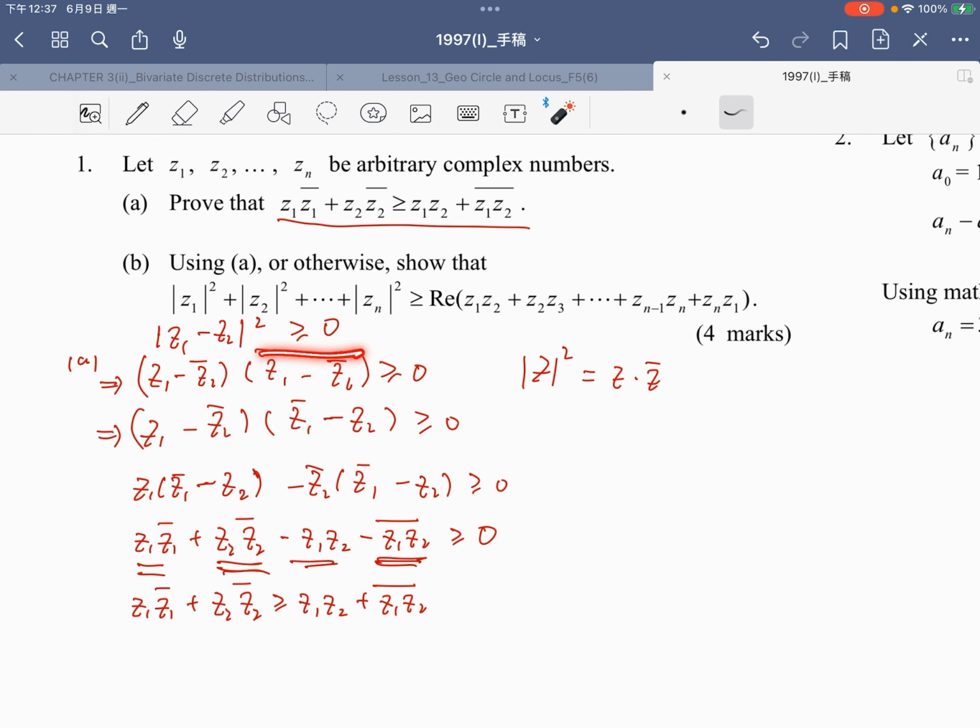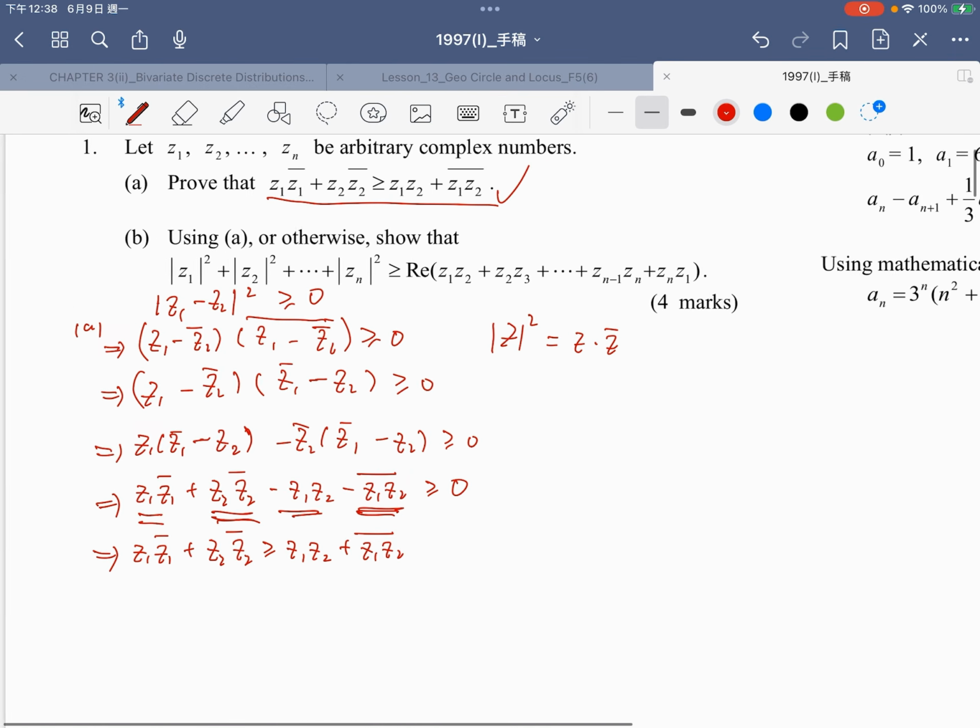Z conjugate can be moved to this one, and then the conjugate of the conjugate of Z2 turns to the original Z2. And next, expand this term by term. It becomes this one. And finally, this is the result we want.